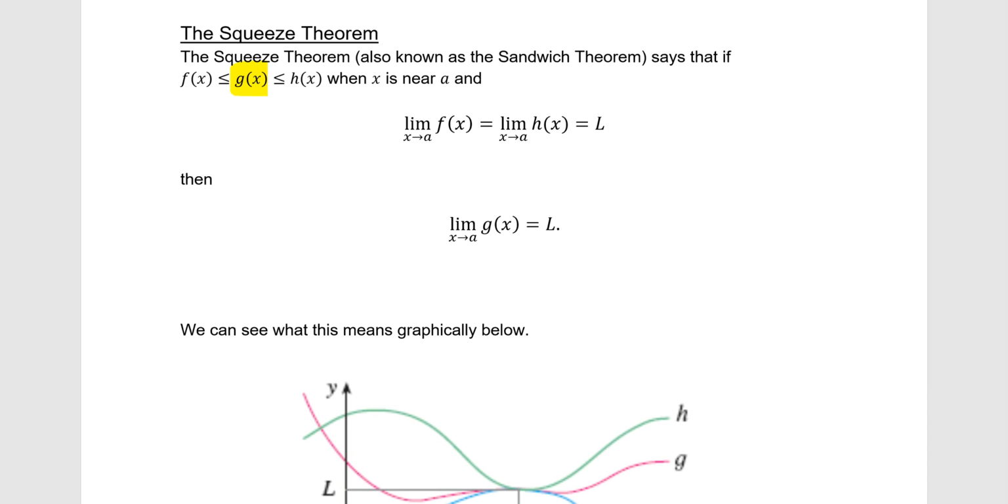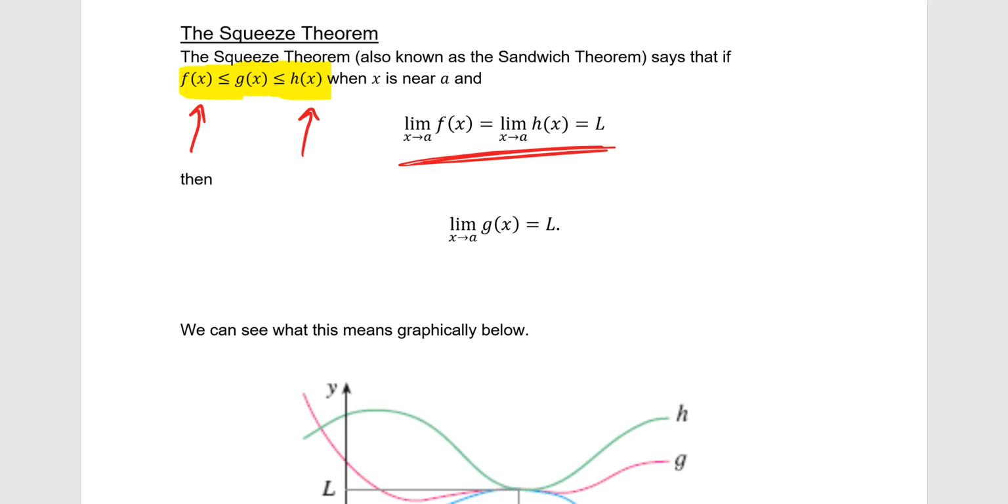So g of x is greater than f of x, but it's less than h of x. So g of x is completely sandwiched between these functions. Then if we know the limit for f, so let's say we know the limit for the smaller one, and we know the limit for h, and let's say that they're equal, and they're both equal to some number L.